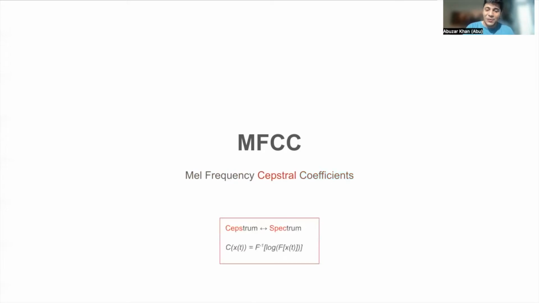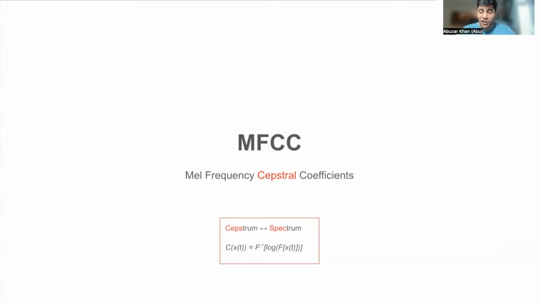And the last word is quite funny, actually, that I found its etymology. So cepstral comes from the word cepstrum, which refers to a spectrum of a spectrum. I mean, we can get into it later about what that really means. But the funny part is that if you look at the function at the bottom, it's C of x of t. X of t is really just a mathematical definition of the signal. C stands for the cepstrum of the signal. And what's on the right is how it's produced. You take the inverse of the log of the function on the signal.